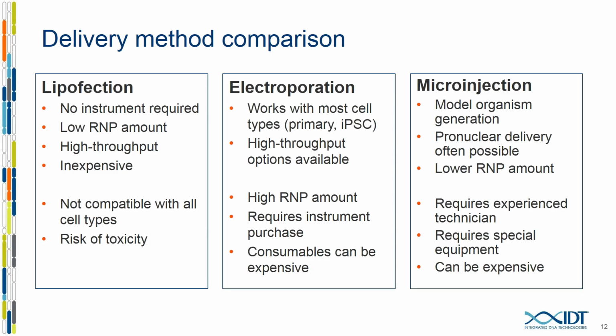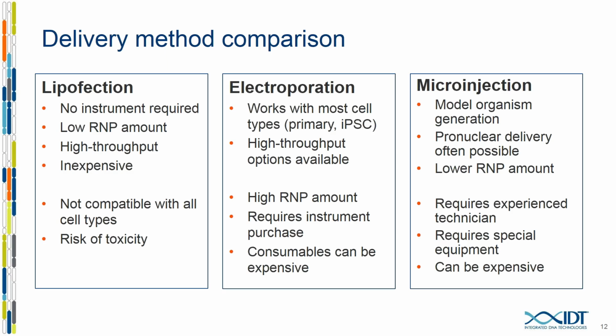One nice thing about lipofection is that you need very small amounts of the actual RNP. So even the smallest scale products that we offer, the crRNA and Cas9 and tracer RNA, will last for many experiments, sometimes even over 100 experiments from our smallest scale options.